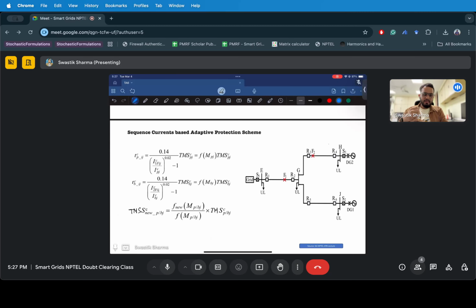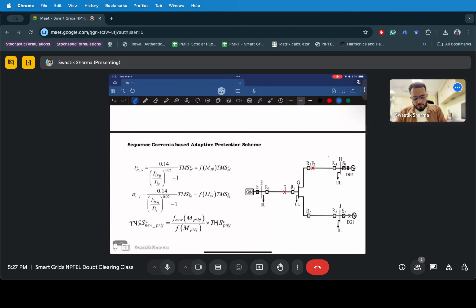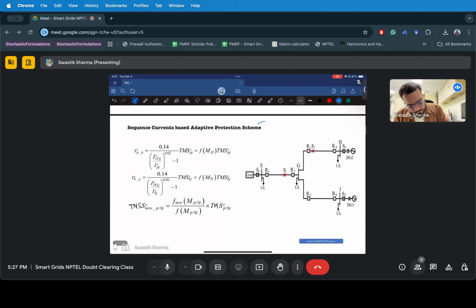For this adaptive protection scheme, what they are essentially doing is using sequence currents. What usually happens for faults is that faults may cause the system to go unbalanced.